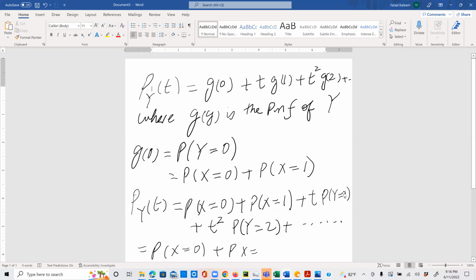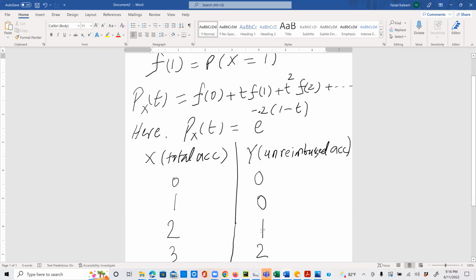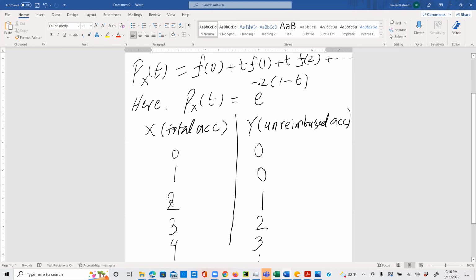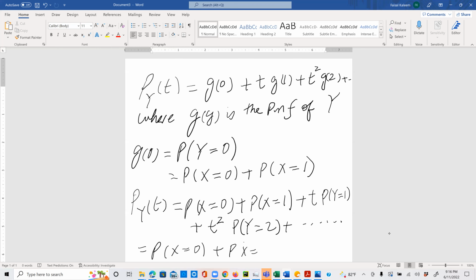Here we also want to change the Y into X. So for this, we again look at our little table. So the probability Y is equal to 1. Let's go back to our table. So Y is equal to 1 only when X is equal to 2. So the probability Y is equal to 1 means the probability X is equal to 2. The X is equal to 1 was already there, this one.